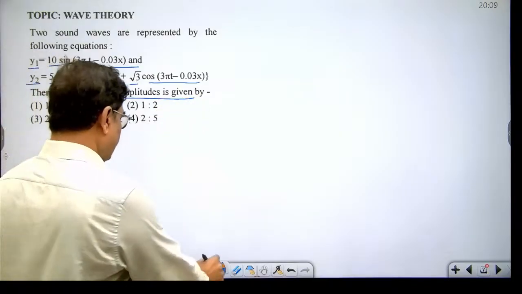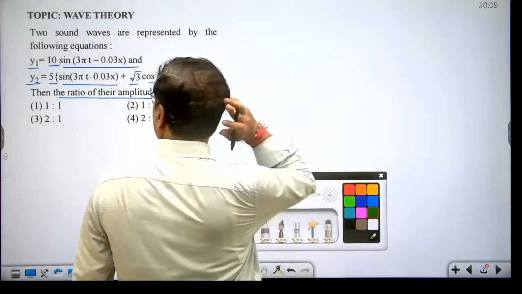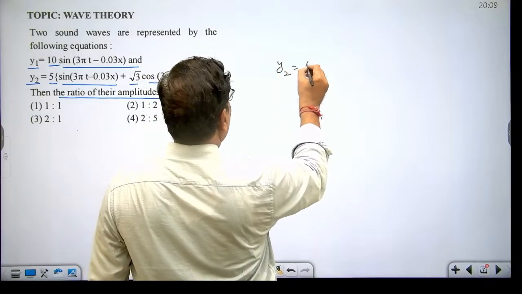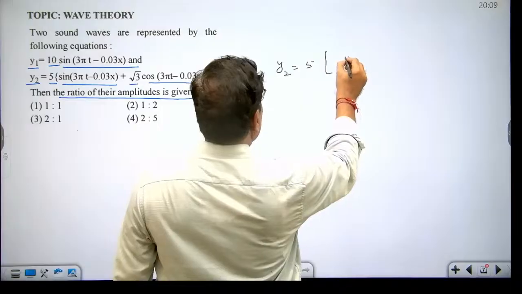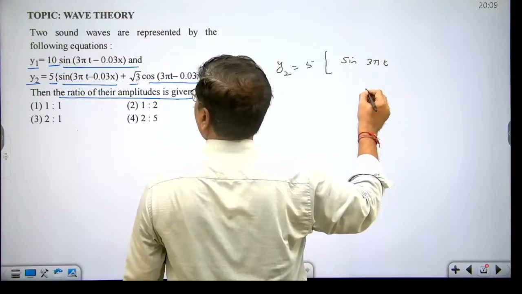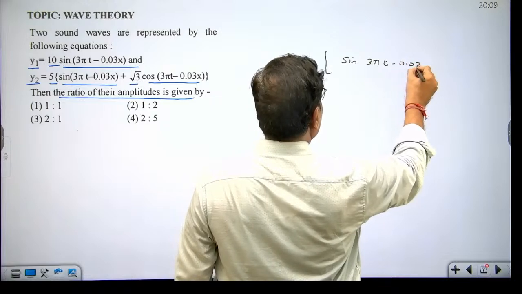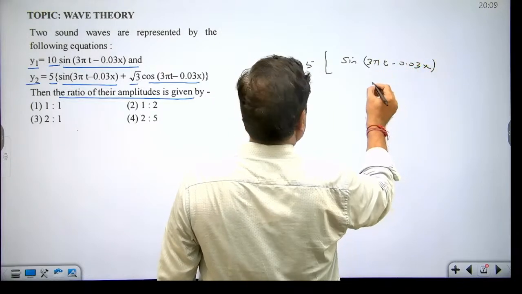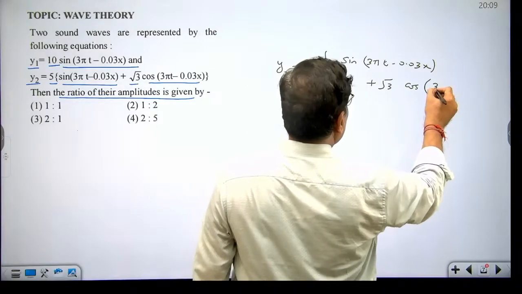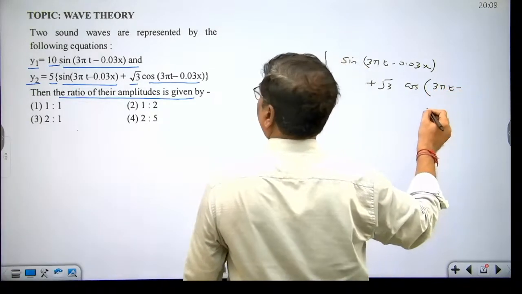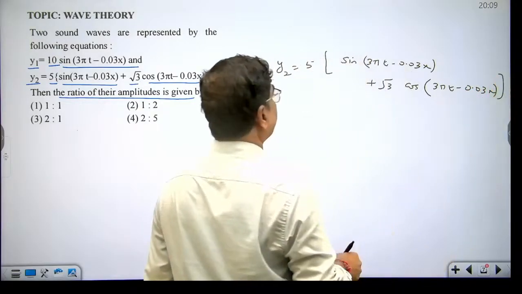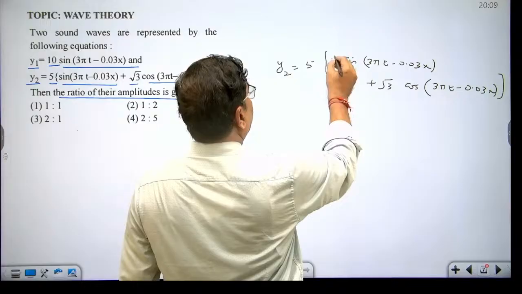So first convert this second equation into general form. y2 equal to 5 sin (3 pi t minus 0.03x) plus root 3 cos (3 pi t minus 0.03x). Okay, this is 1 and this is.